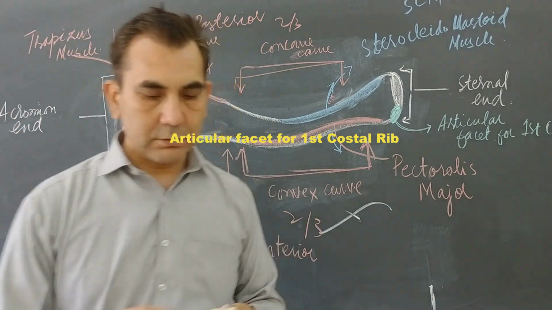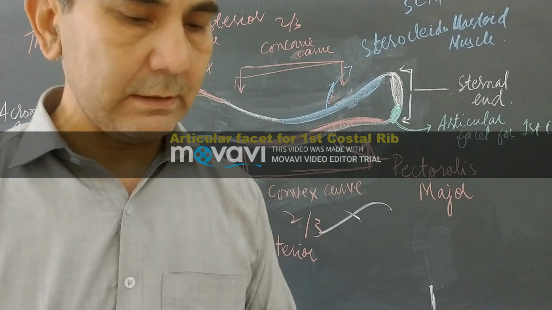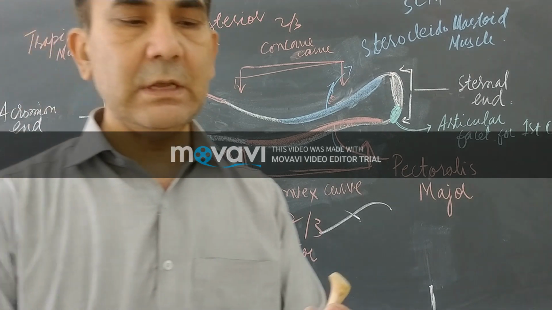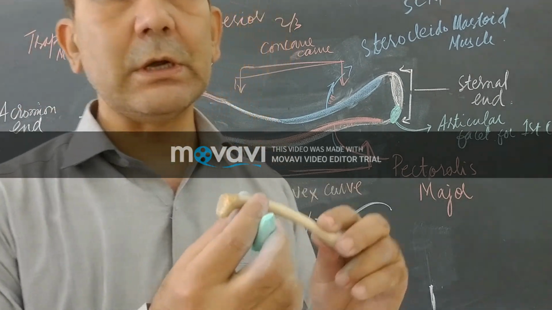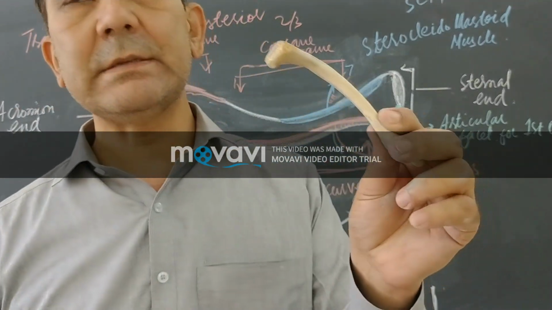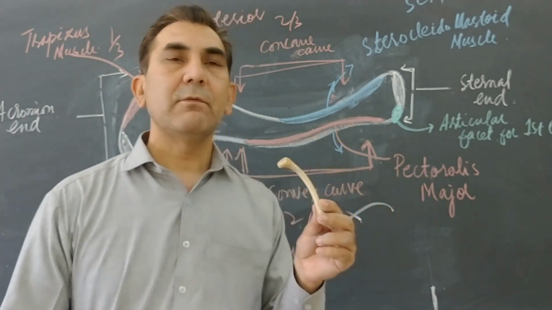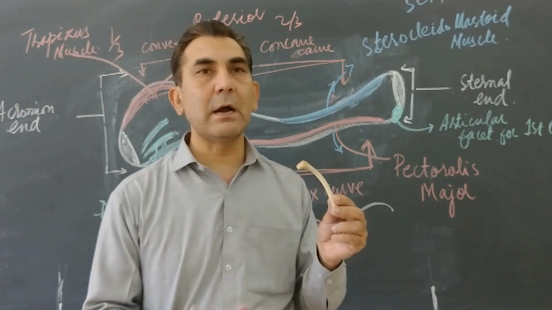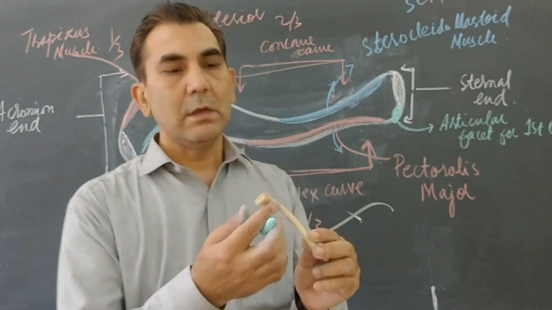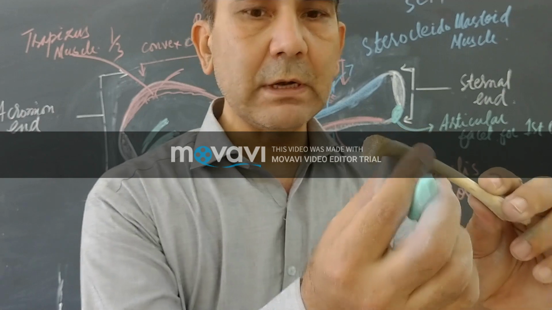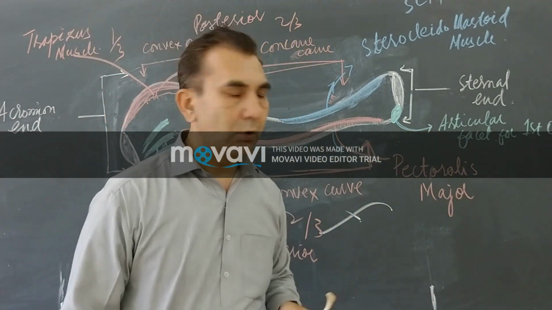If you go to the lateral side, on the posterior side, there is another tubercle, and this tubercle is called the costoclavicular tubercle, for the costoclavicular ligament attachment.